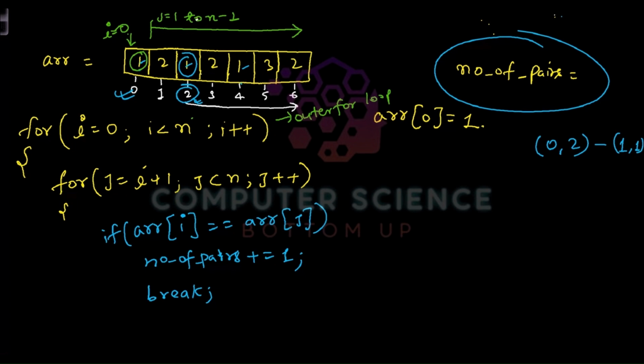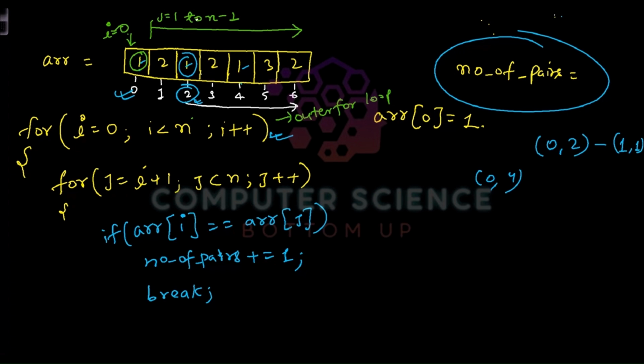In my code, I am starting i from 0 and j from i plus 1. So it happens that I am getting 0 and 2 as a pair. If I change my code a little bit, let's say I keep my outermost loop the same, but I vary my j not from i plus 1 to n, but from n down to i plus 1, then I will get 0 and 4 as a pair and I will break there.